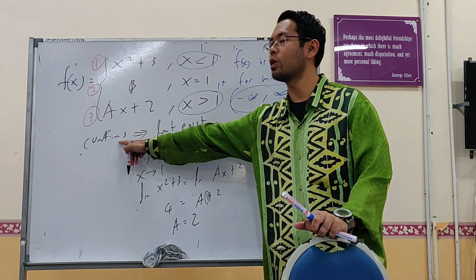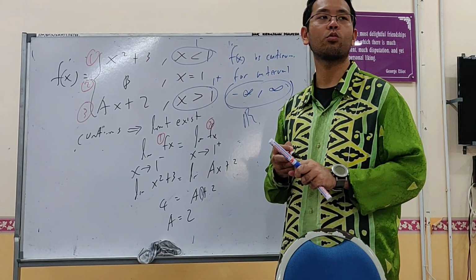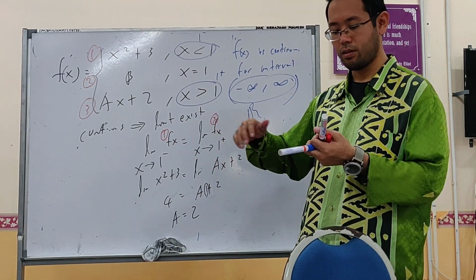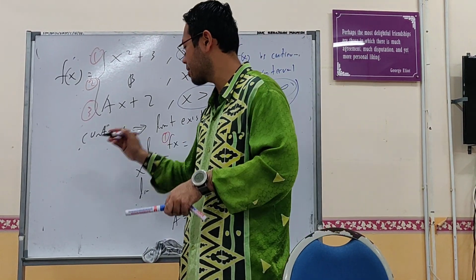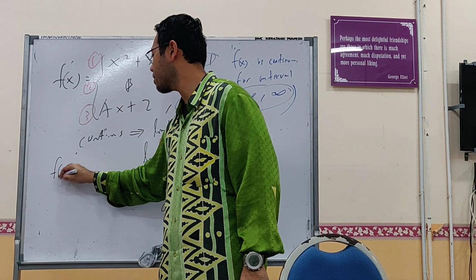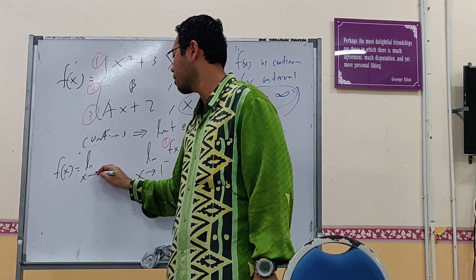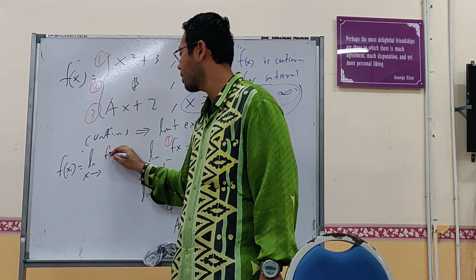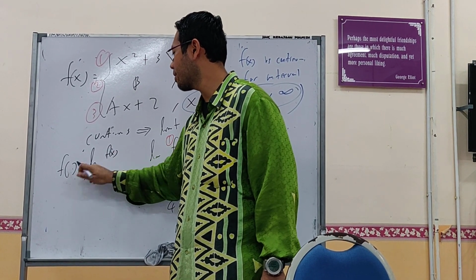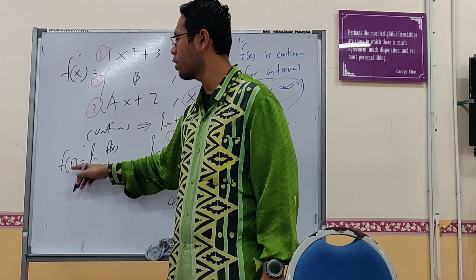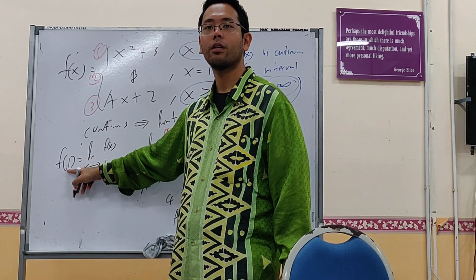Now how do I find b? What do we know when it's continuous? There's one more rule for it to be continuous: the limit exists and f(1) equals the limit.